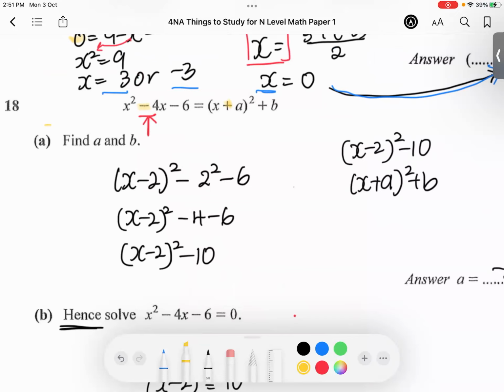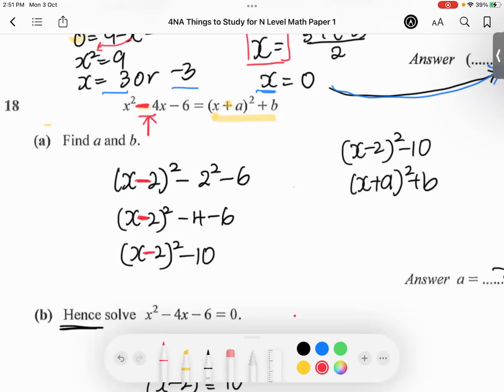Okay, don't think too much. This portion over here is just telling you that you need to do completed square. Okay, completing square form. So what is the sign that I need to follow? You follow the one that is given here, the original part of the question, x squared minus 4x. So you follow this sign, following the question.